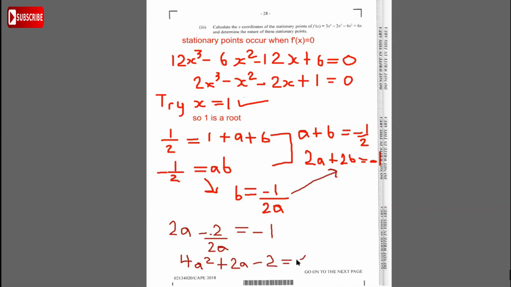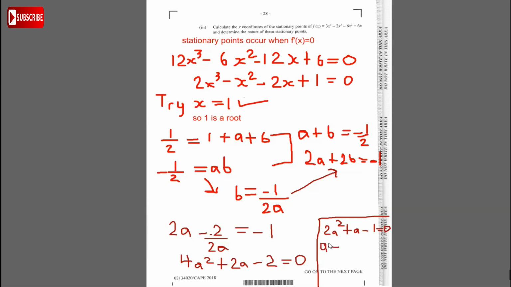I can then divide through by 2. Let me just finish it off right here. If I divide through by 2, I get that 2a squared plus a minus 1 is equal to 0. Now I can factorize, or if you can't be bothered to factorize, just use the quadratic formula.